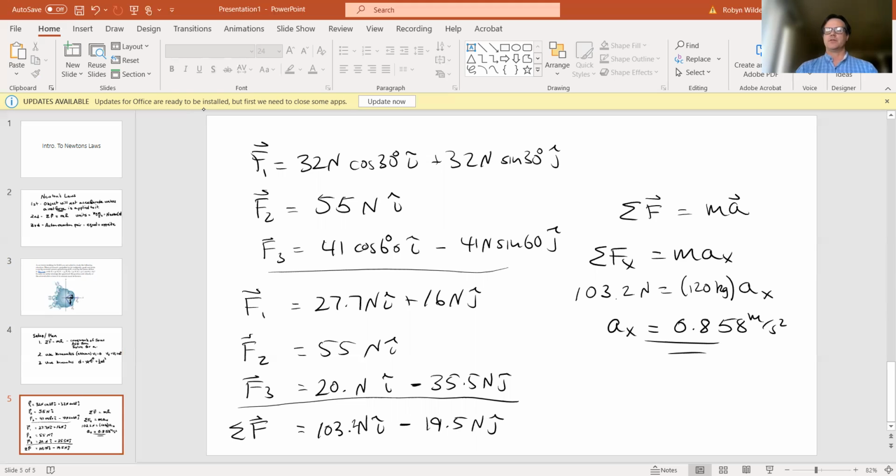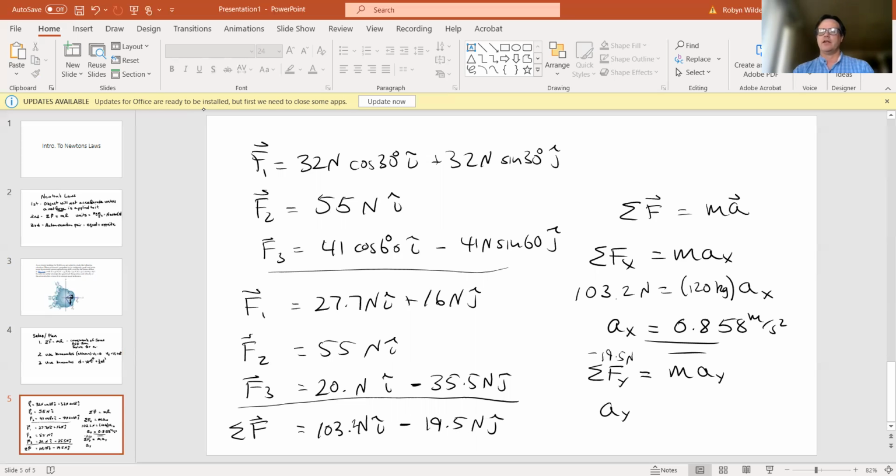Now that's just the x component. Now the y component, I do exactly the same way. I just use the sum of the forces in the y direction, their y components, equals MAY. Again, the mass is 120 kilograms. It's negative 19.5 newtons.